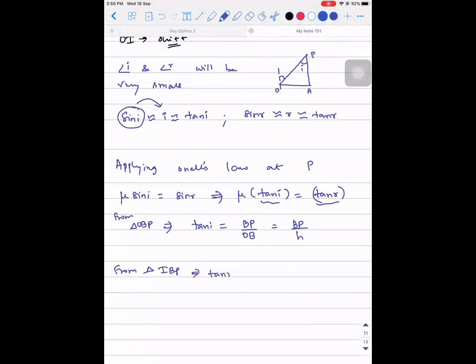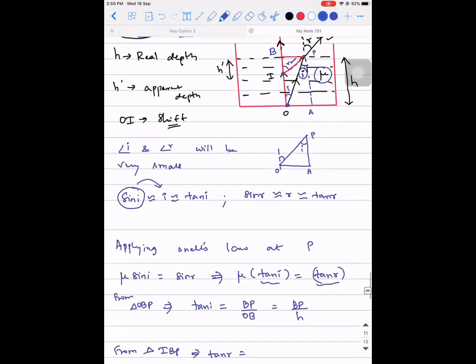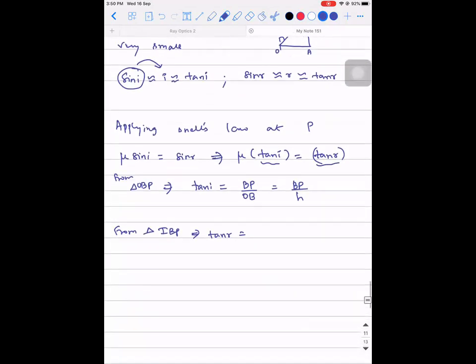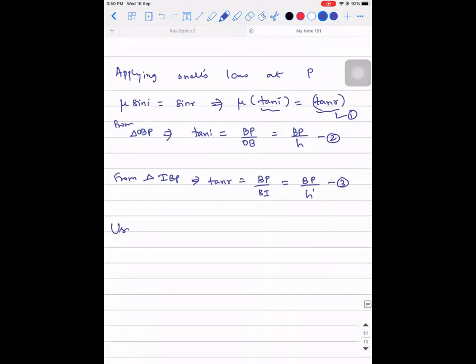We can find tan R. What is tan R? BP divided by BI. BP is the same, and BI is going to be H dash. So let me call these equation number 1, equation number 2, and 3. So what I'm going to do is using 2 and 3 in 1, what do we get?